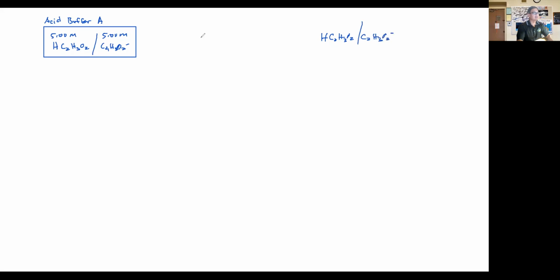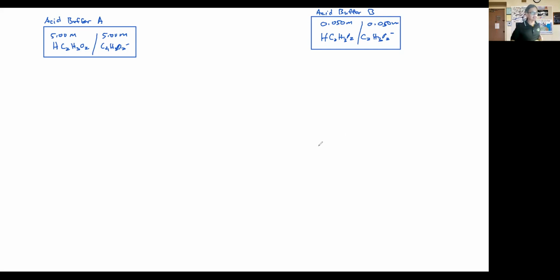This time the key difference is the amount. We have 0.05 molar of acetic acid and 0.05 molar of the acetate. This is going to be our acid buffer B. So we have two different buffering solutions made up of the same components.